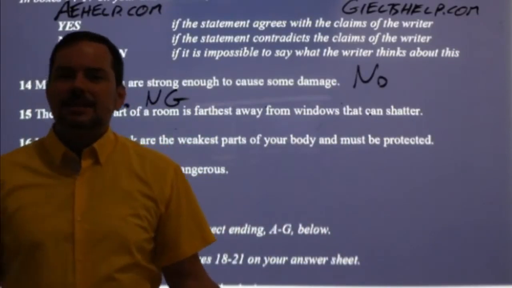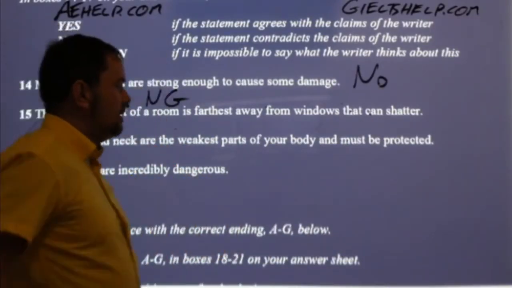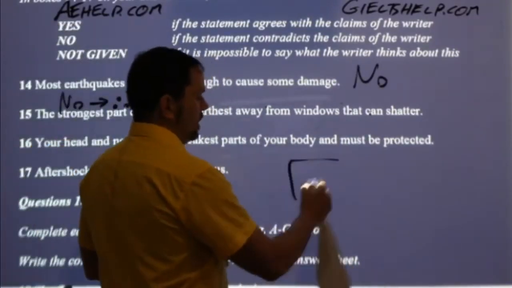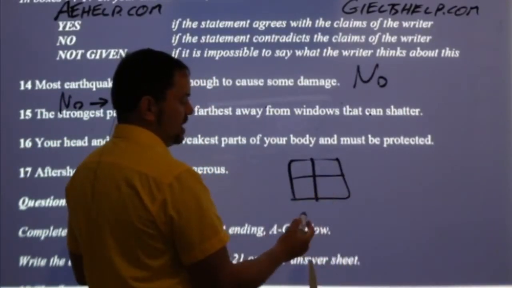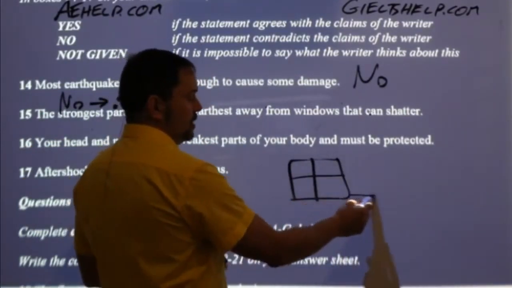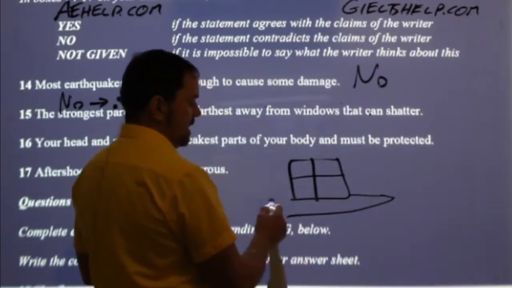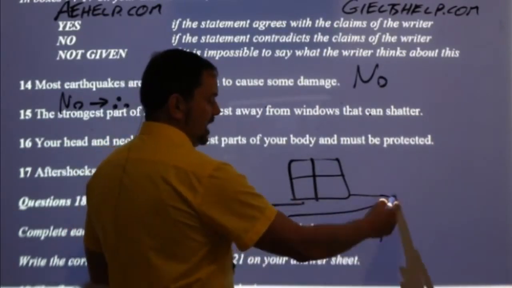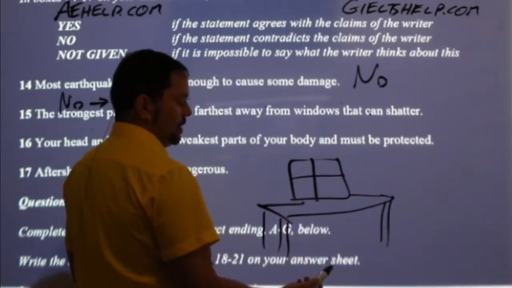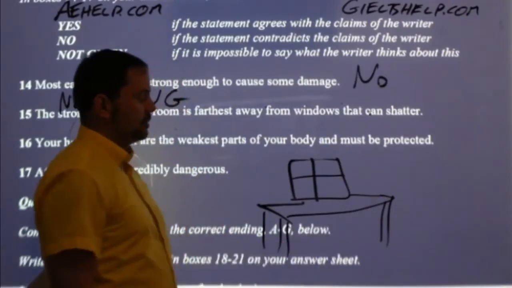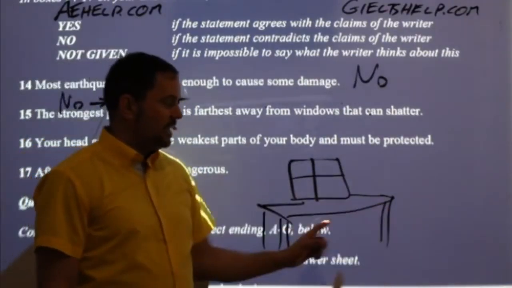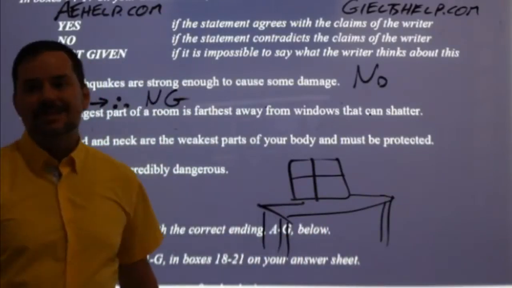That doesn't make sense at all, because what if you have a window in the room, and again, use your visualization, that can break, but right underneath the window, you have a steel table, a metal table, okay? If there were an earthquake, I would feel very comfortable getting underneath a metal table, even if it's right beside the window.